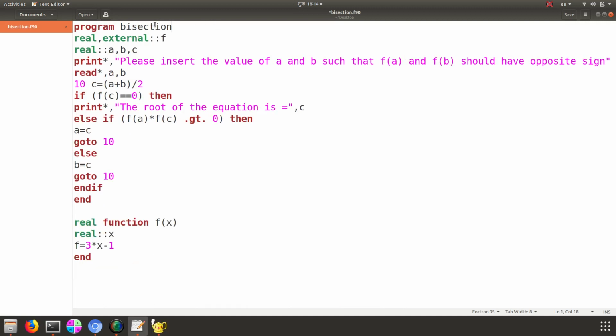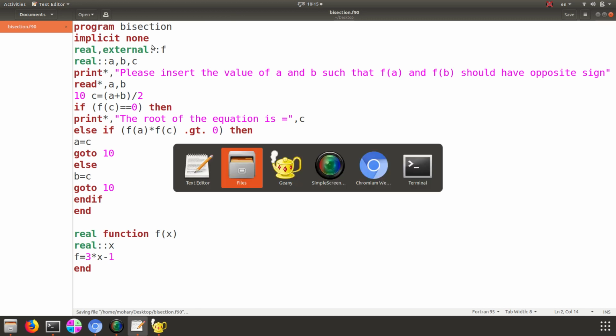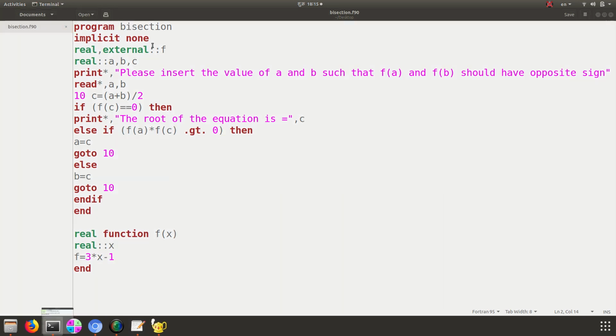Okay, the problem is, yes, here there is no implicit none, and Fortran is reading this f as something else, so I need to insert implicit none. Now let me save it and then run it.